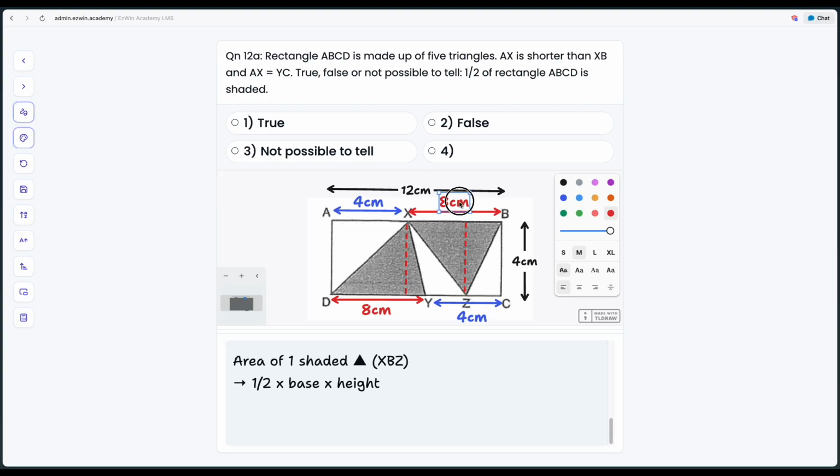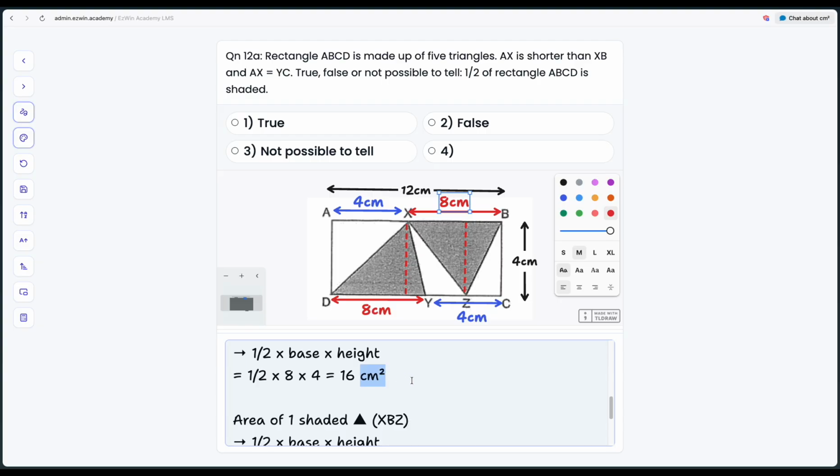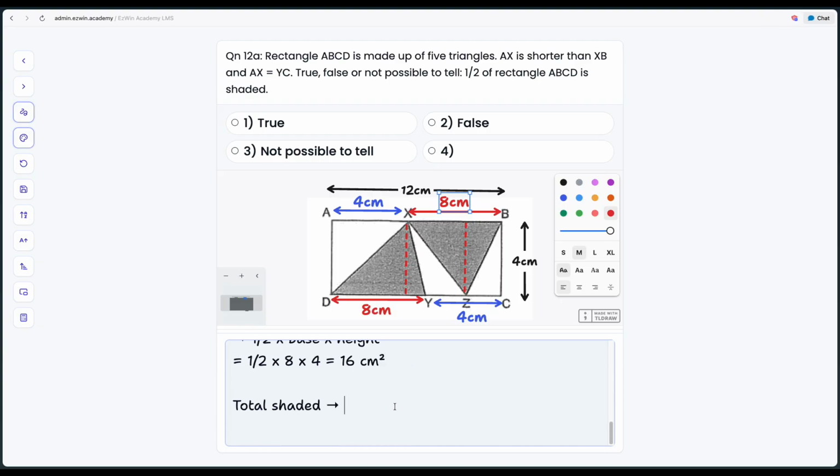The base is 8 centimeters and the height is also 4 centimeters, and this gives us 16. So the total shaded is equal to 16 plus 16, which gives us 32.